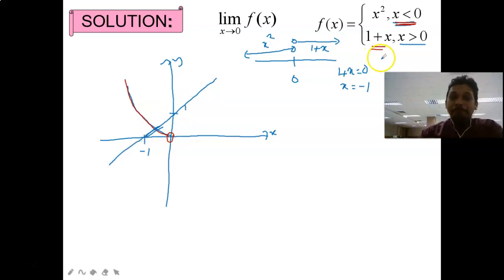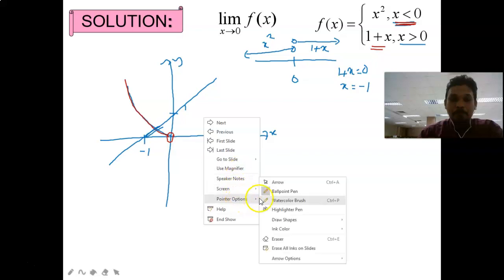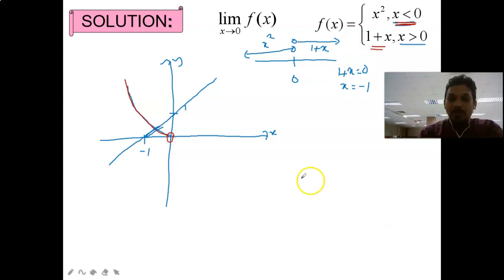But this function is valid only for x greater than 0, so there is another thing we need to consider. x greater than 0 means it's only for this part here.